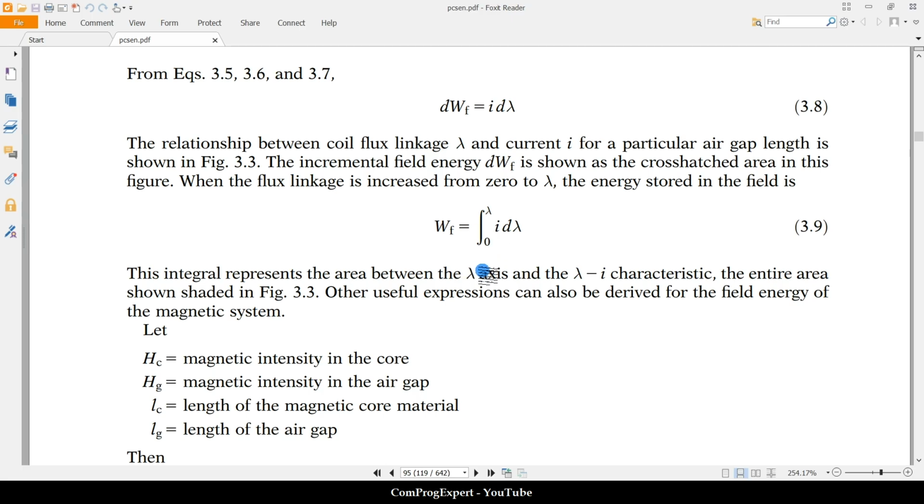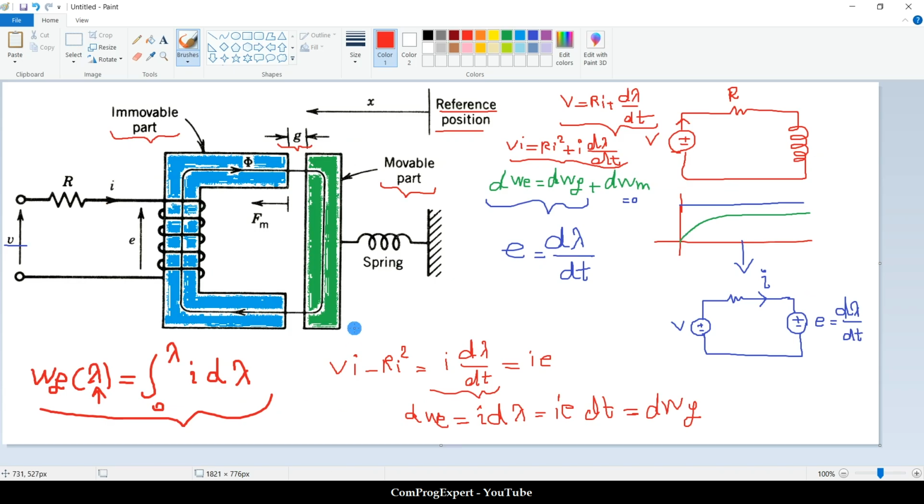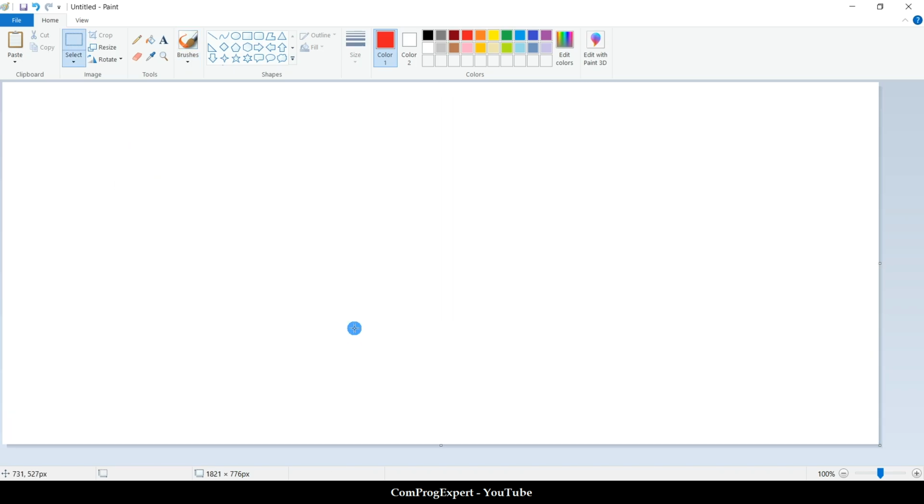Can we rewrite this equation in terms of field quantities, in terms of magnetic field intensity H and magnetic flux density B, or not? i and lambda, yes, these are circuit parameters. These are field quantities.